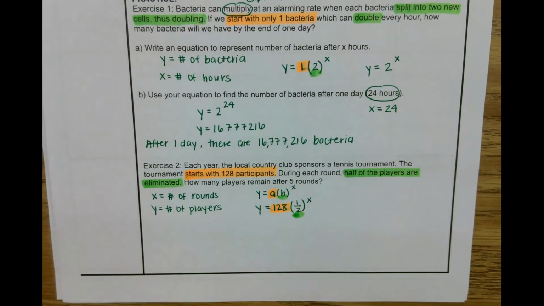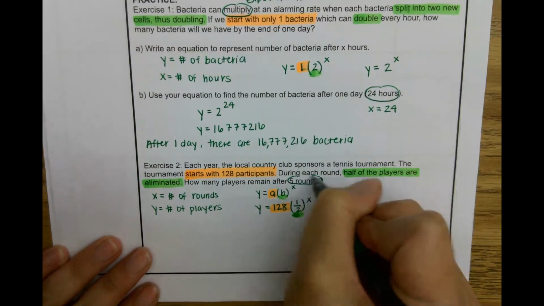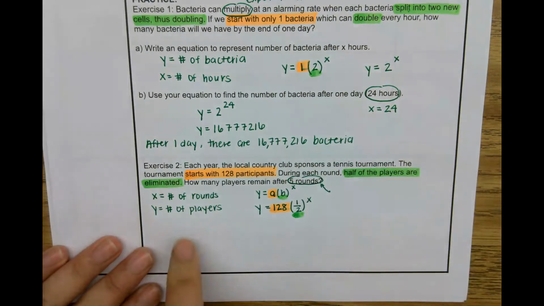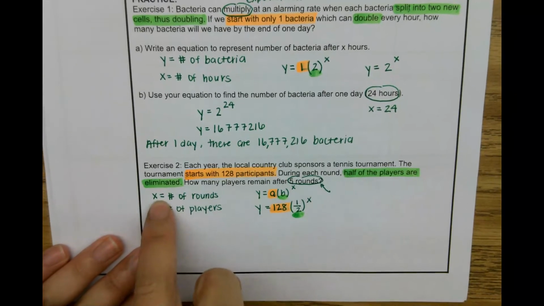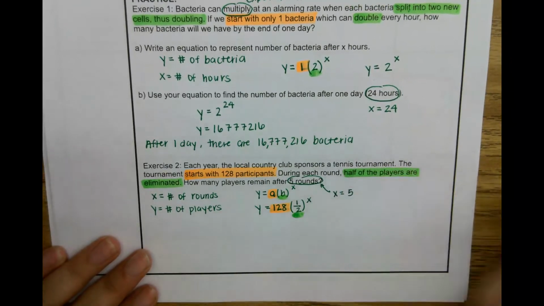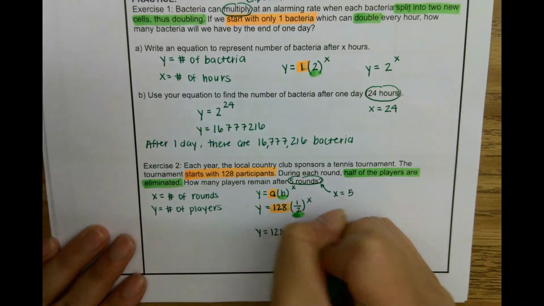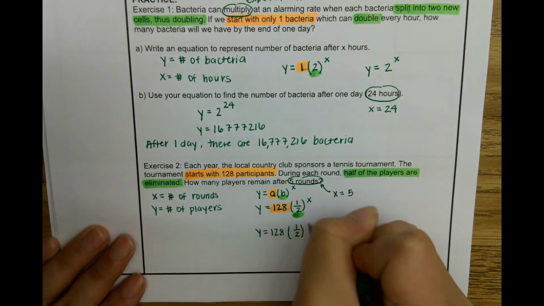Okay, we are told that it's 5 rounds. So if you think back to what things represent, number of rounds is x. So here, this tells me x equals 5. And all I have to do is plug it in. So y equals 128 times 1/2 to the 5th power.